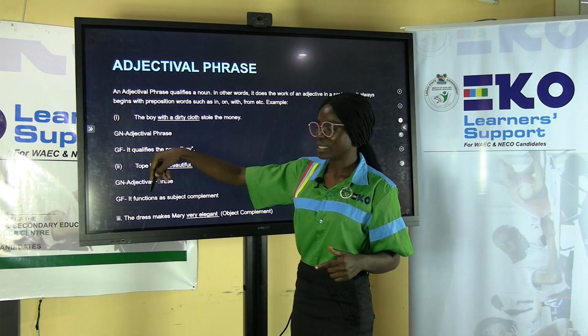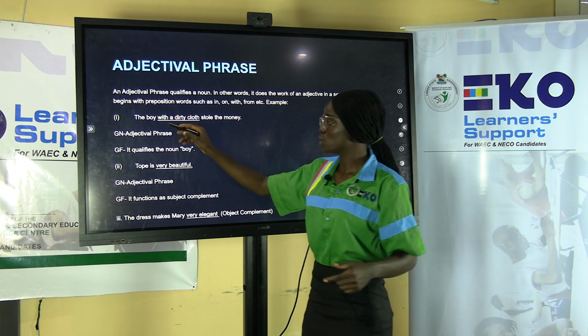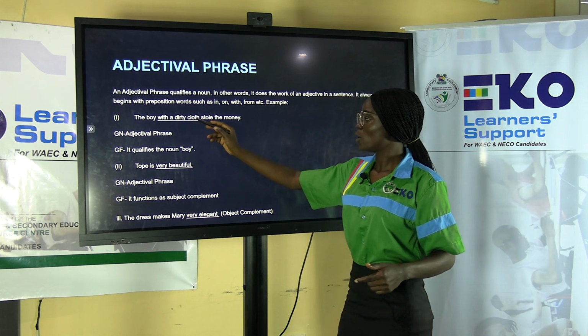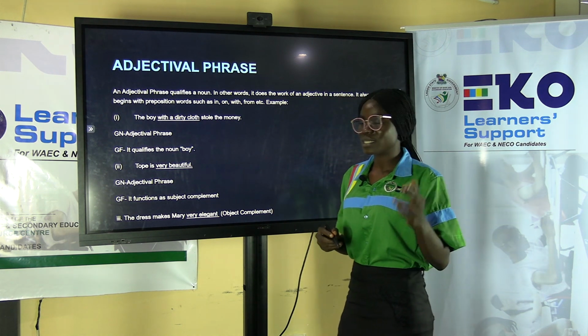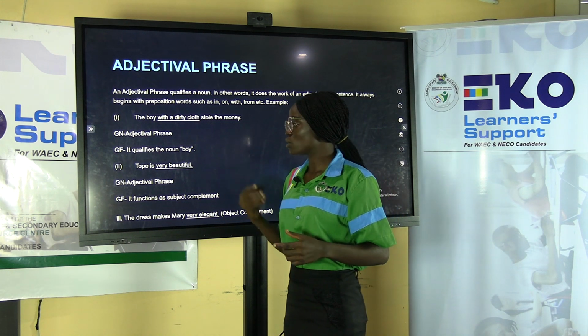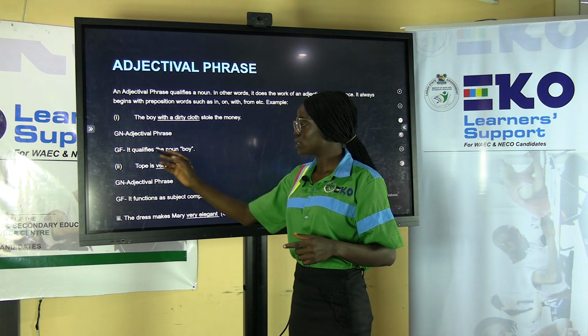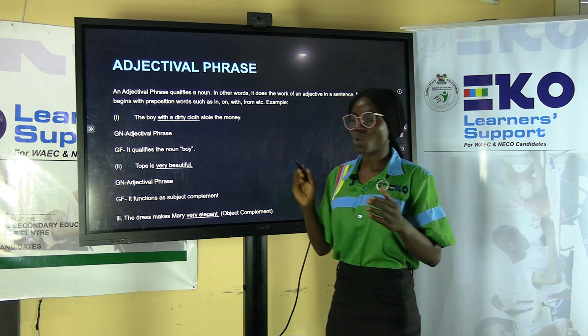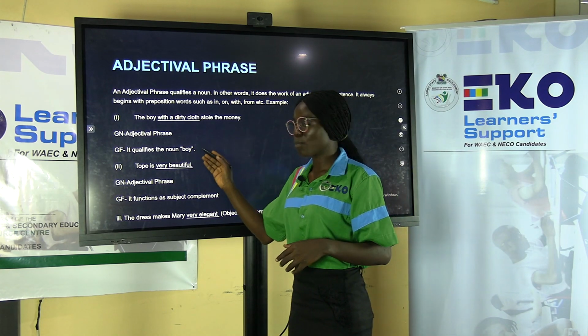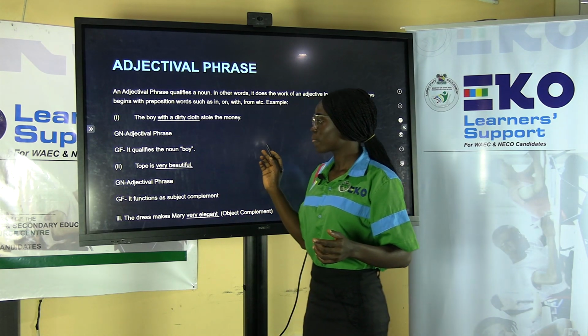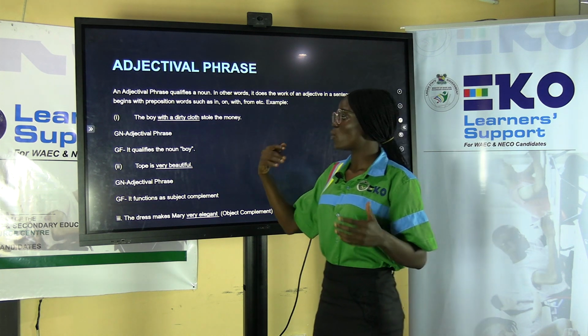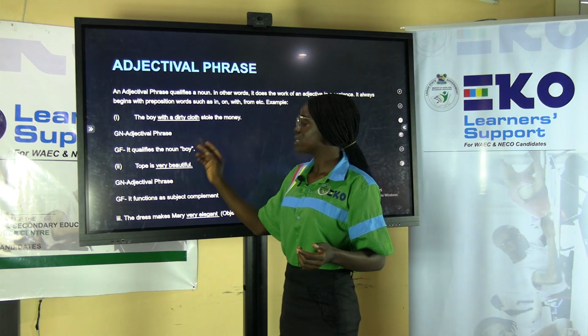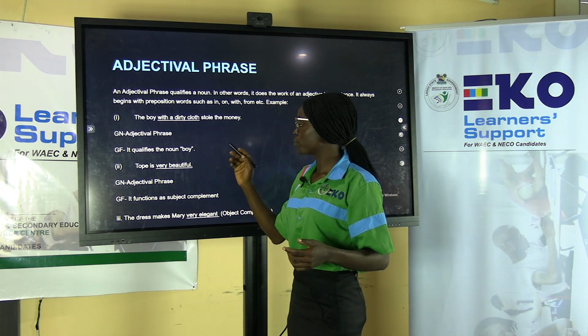It qualifies a noun. It gives us more information about the noun. Now what is the grammatical function? It qualifies the noun boy. Do you understand? It can qualify the noun or the noun phrase, the boy.